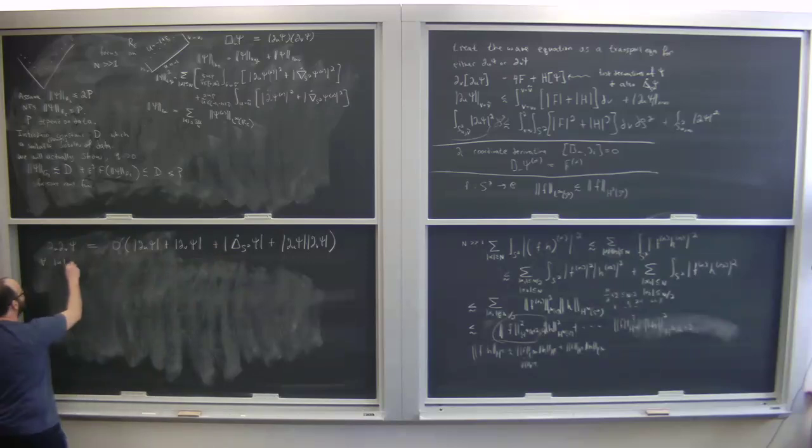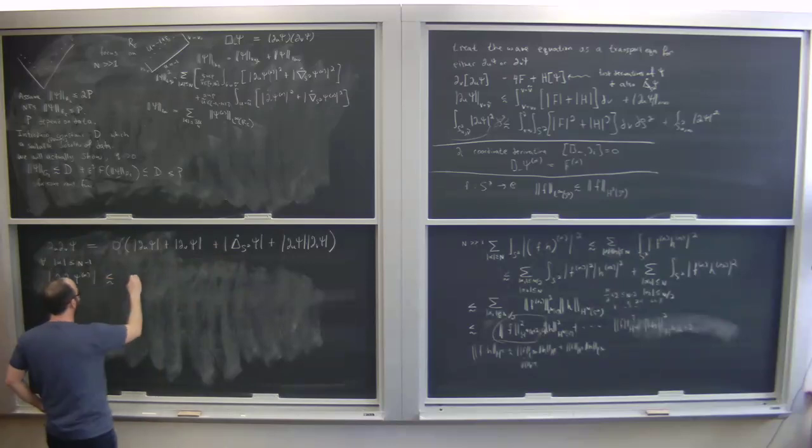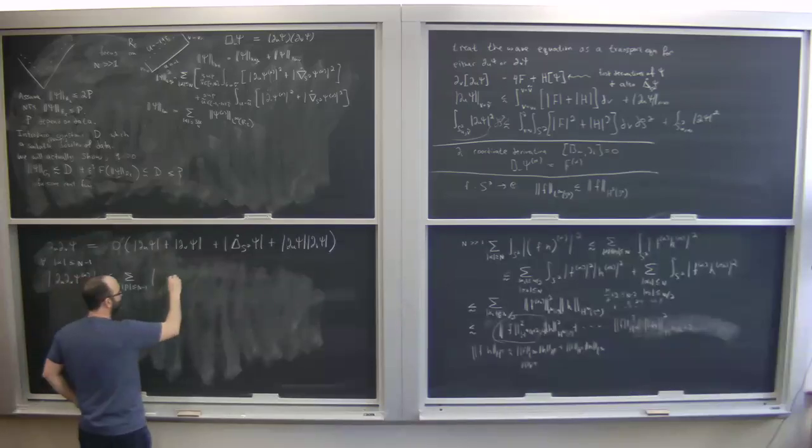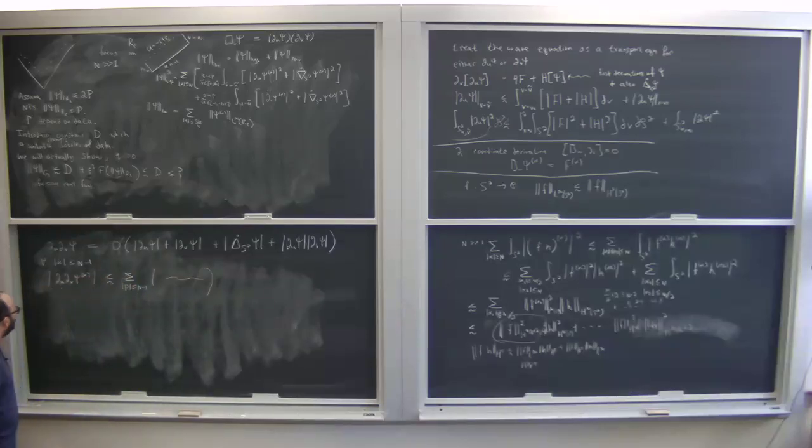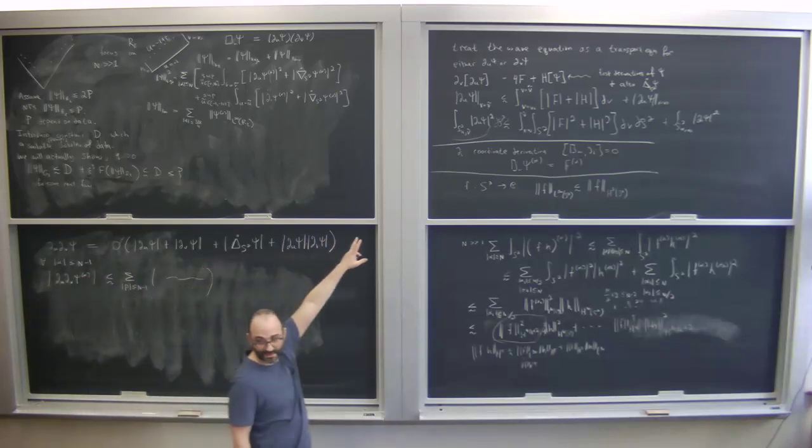So if alpha is less than n minus one, then du dv of psi will be less than the sum over beta, less than n minus one, of the same quantity applied to all this. Let me not rewrite it. Now I'm going to use this style of equation.